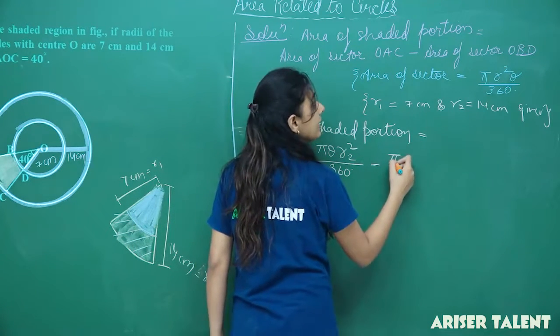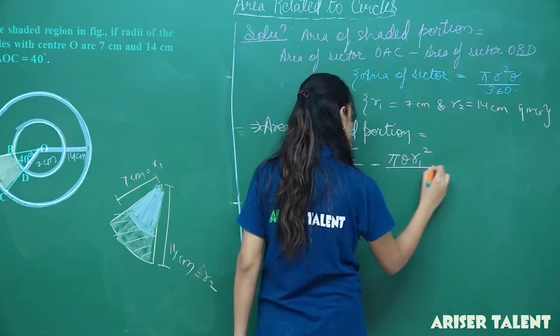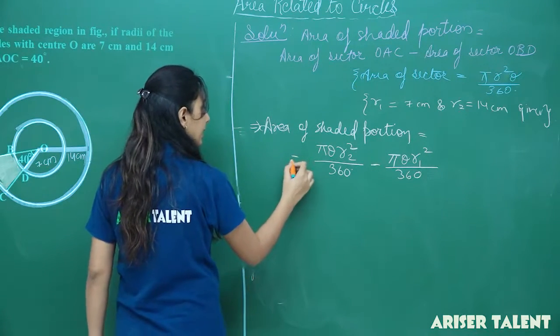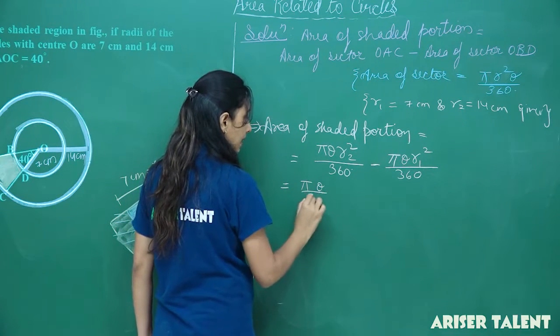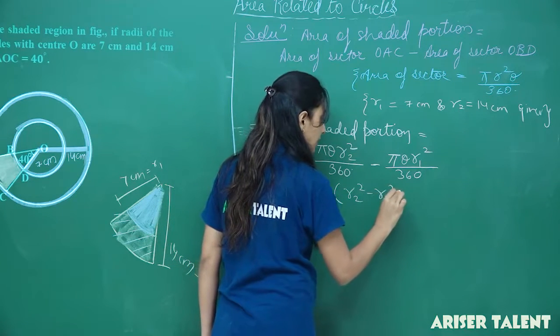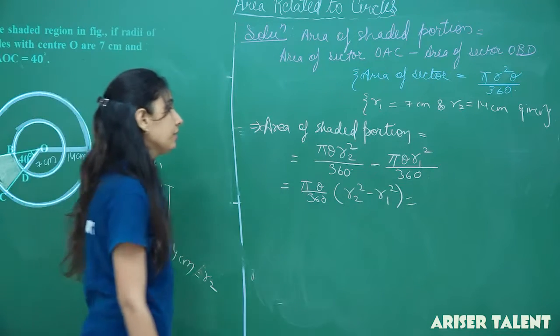Now, sector area OBD is pi theta r1 square by 360. So, can I rewrite it as pi theta by 360 into r2 square minus r1 square, and if I put the values here, that will become what?